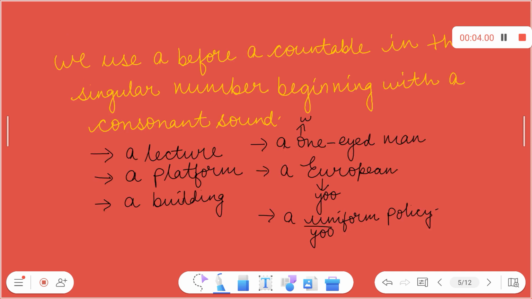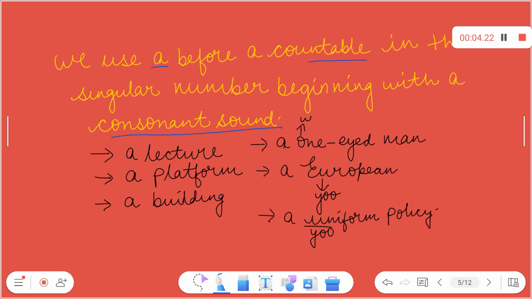Now, we use a before a countable in the singular number beginning with a consonant sound. Students, it is very important to be a good listener.